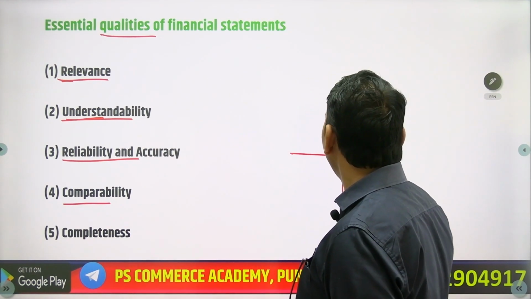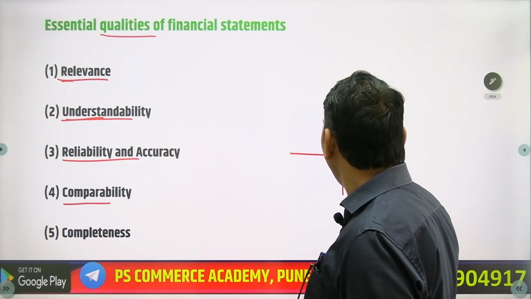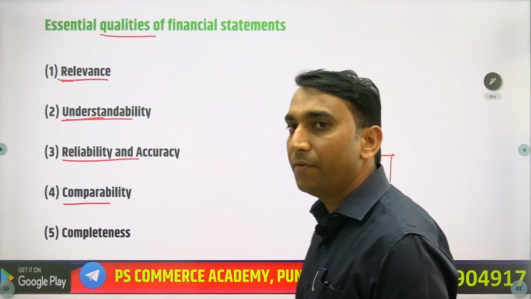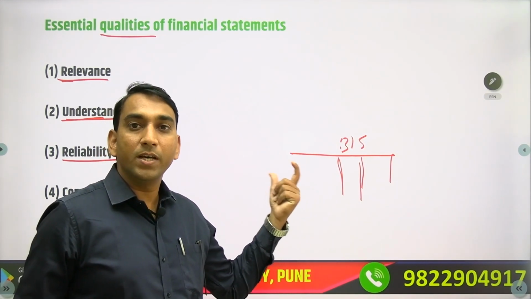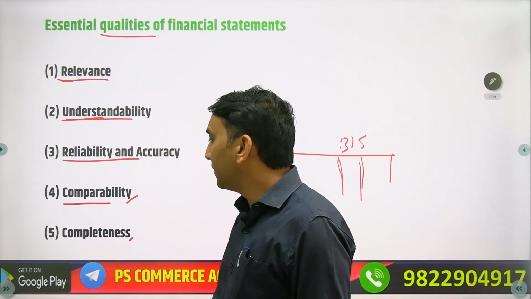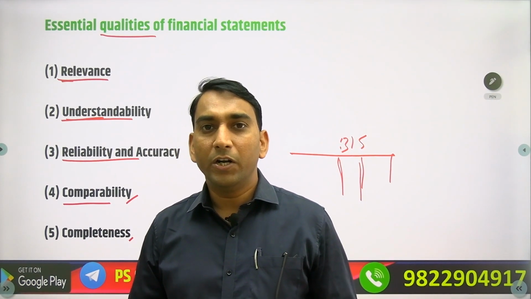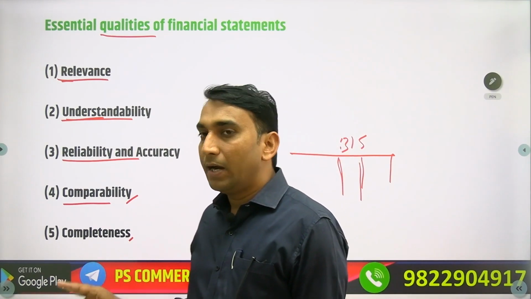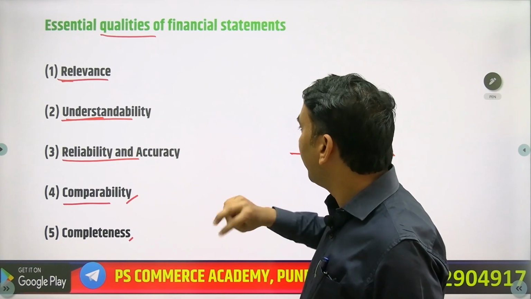That is why in the balance sheet, if you have given thought, they show the previous year data with the current year data, so that we can compare the 2 years figures. So comparability should be there. And then last is completeness, whatever financial statement you have prepared, it should cover all aspects of the business transaction. It means that your financial statement should be complete, it should not be incomplete.